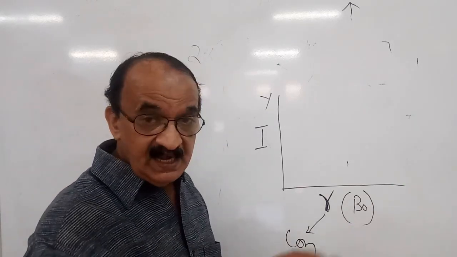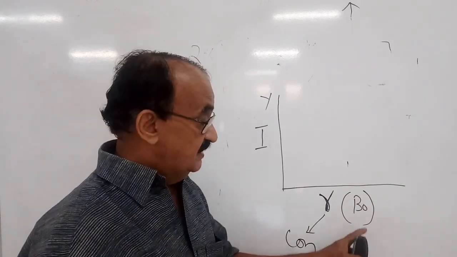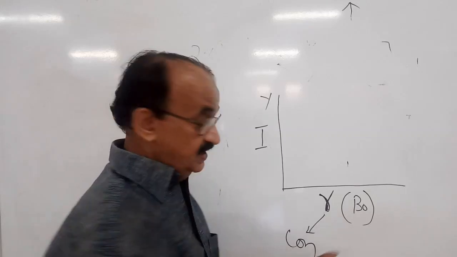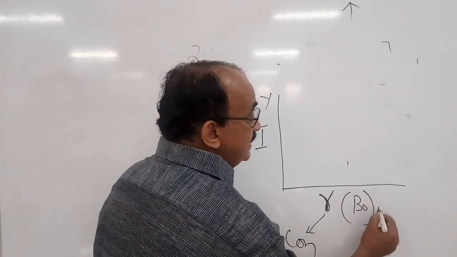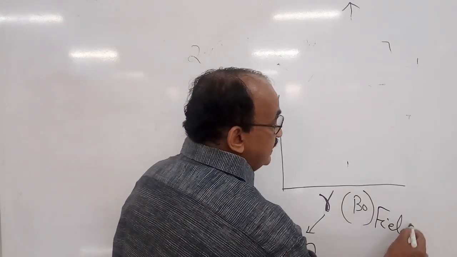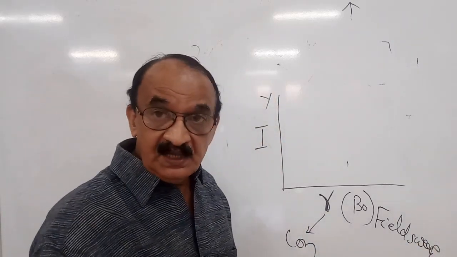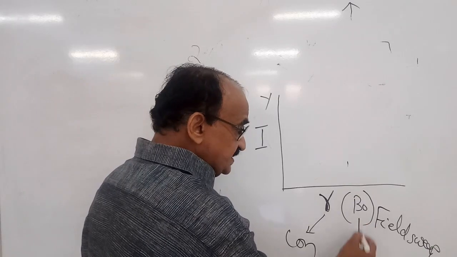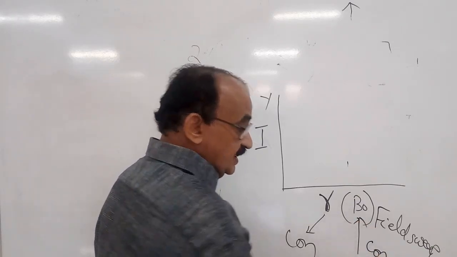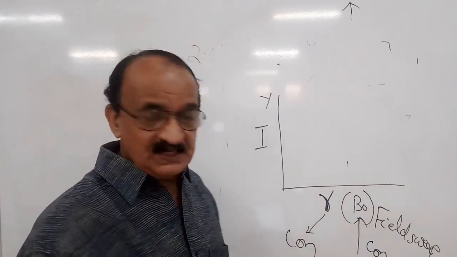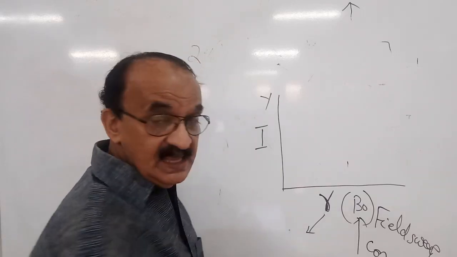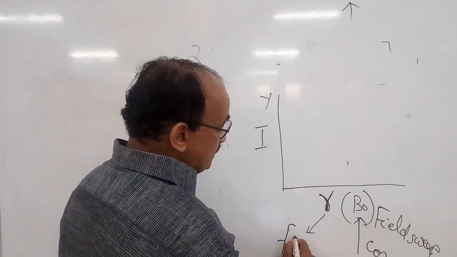When the frequency of the radiation given is kept as a constant, we call that technique the field sweep method. And if the magnetic field is kept as a constant and the frequency is varying, it is known as the frequency sweep method.